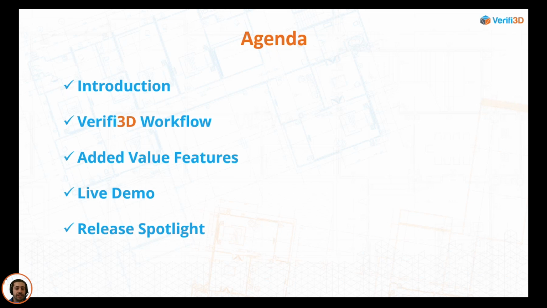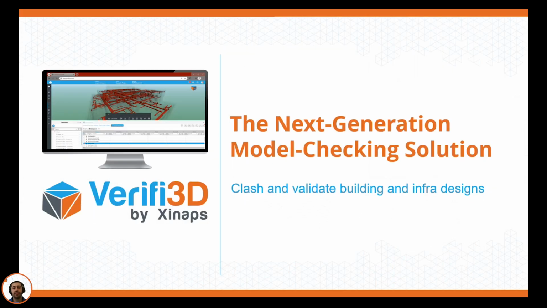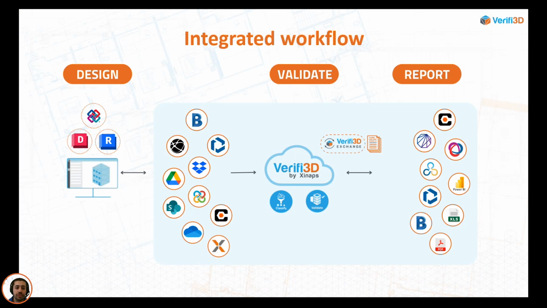So let me first introduce you to Verified, our next generation model checking solution, where we can automate different types of checks. From clashes, properties, free space, all of these can be validated on Verified. For those who don't know, Verified's workflow is integrated, which means that it is connected to other solutions such as CDEs, for instance BIM360, ACC, Trimble Connect, Procore.